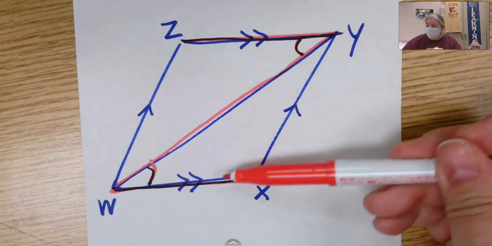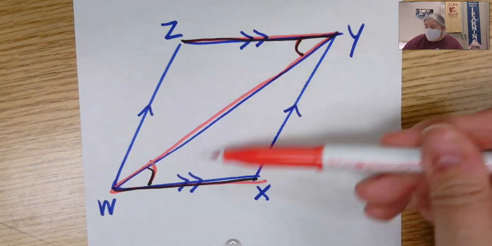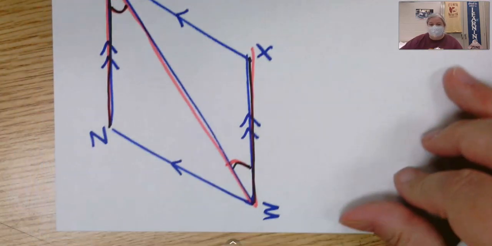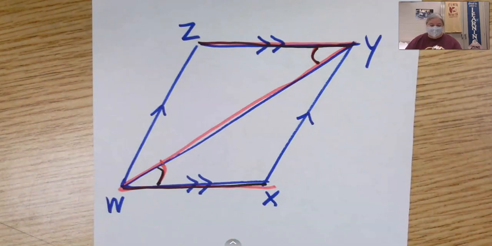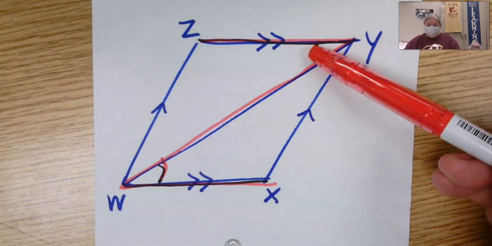And it's only in a situation where alternate interior angles are congruent if the top and bottom of the Z, or you could think of it as the sides of the N, are parallel. And in this case, yes, they are. Okay, so ZY and WX make these angles congruent by being parallel.